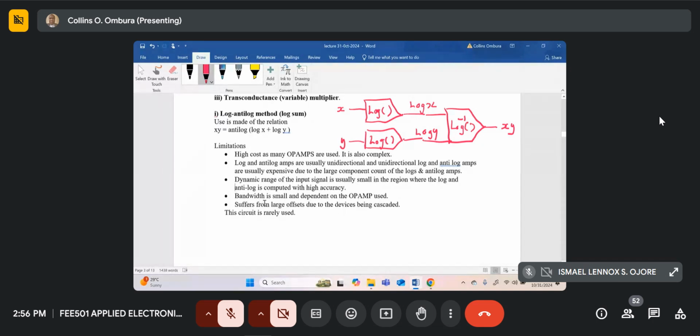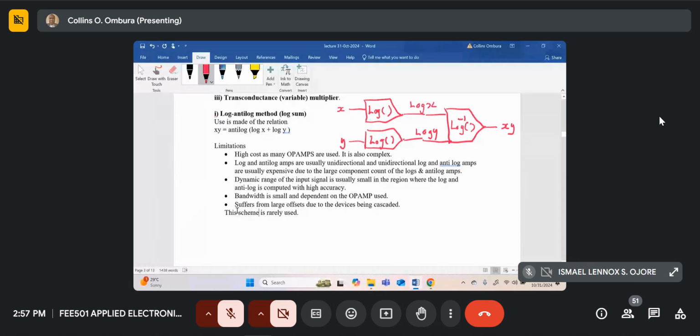Then finally, they suffer from large offsets due to the devices being used. Because we've seen the internal construction of op-amps, we suffer from offsets. You have to use null offsetting circuits. And therefore, this scheme is rarely used.